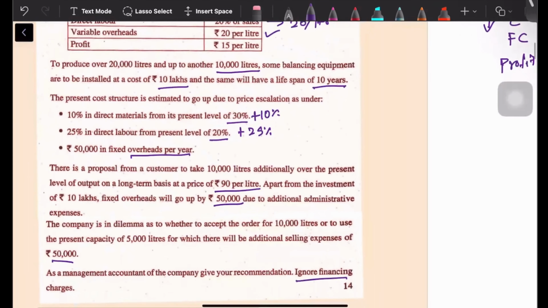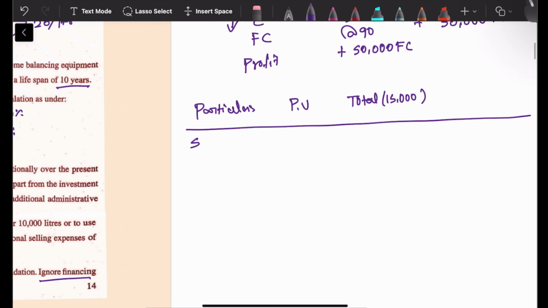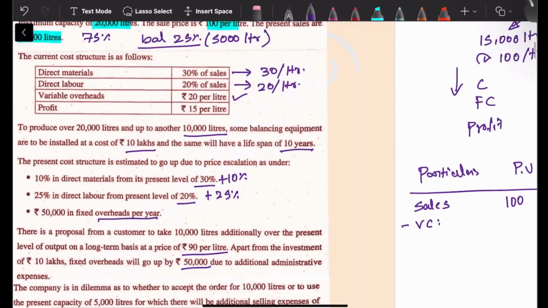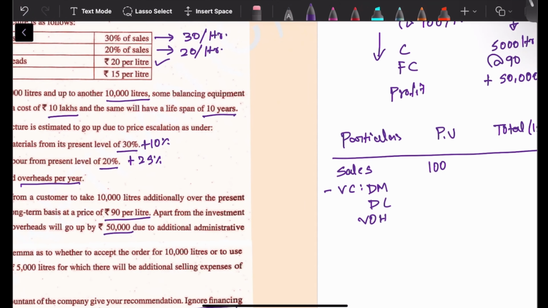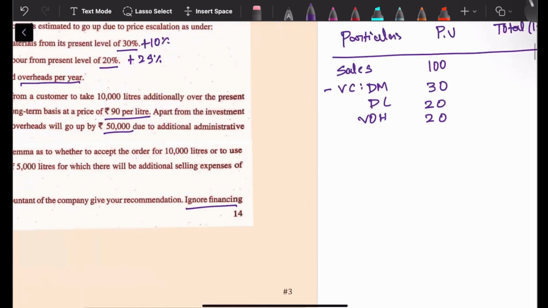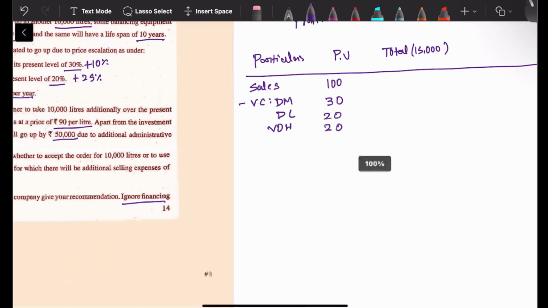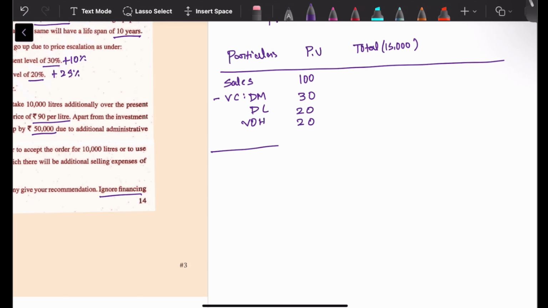So let us first prepare for 15,000. Start with sales 100 per unit less variable cost. So what are my variable costs? Direct material 30, direct labor 20, variable overhead 20, and profit 15. Profit I leave it. So direct material, direct labor, variable overhead: 30, 20 and 20. Again I don't know whether there is going to be any other variable overhead, so I leave one blank here.